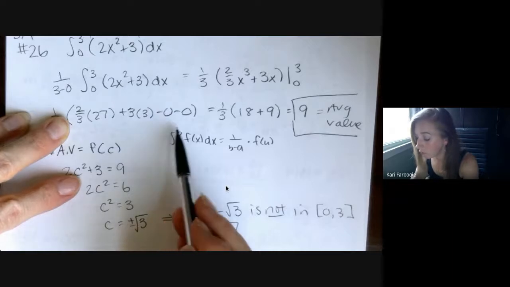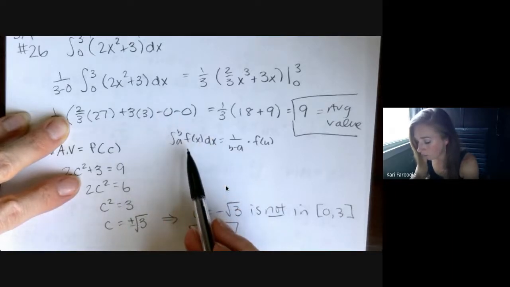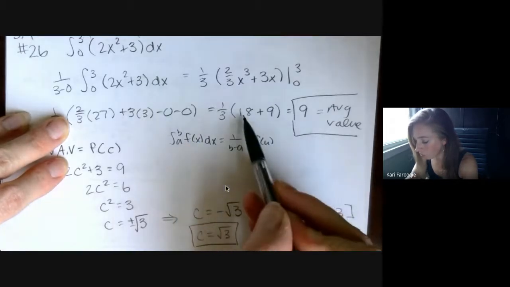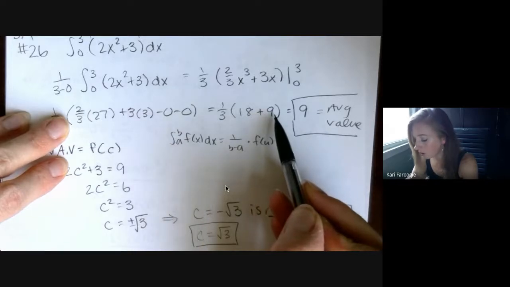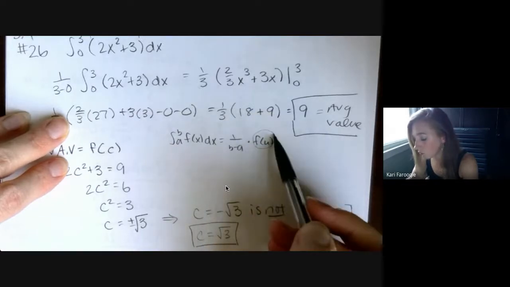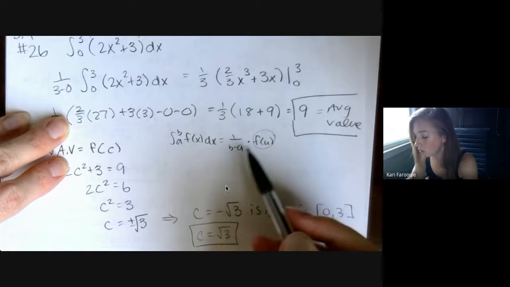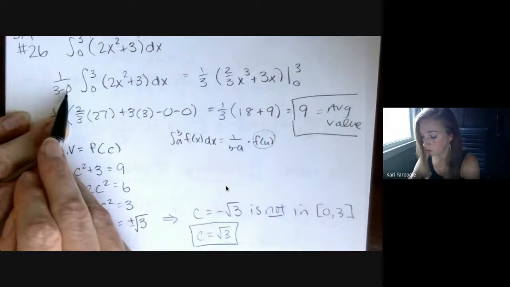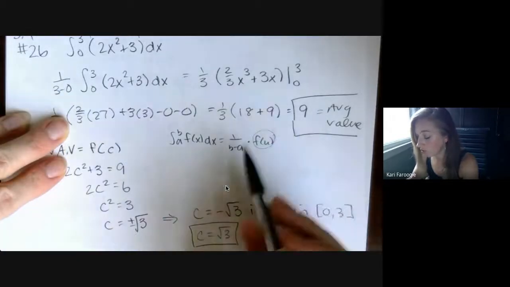If we wanted to, we could have found the value for the integral of f of x dx, which in our case would have been 27, but then we would still need to solve for u. To do that, we would multiply 27 by b minus a, which is 3, divided by 3.